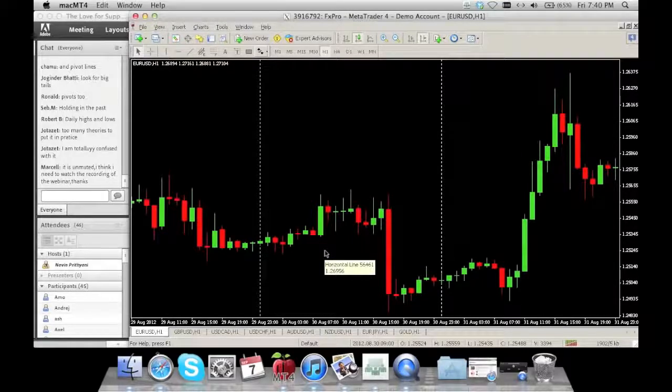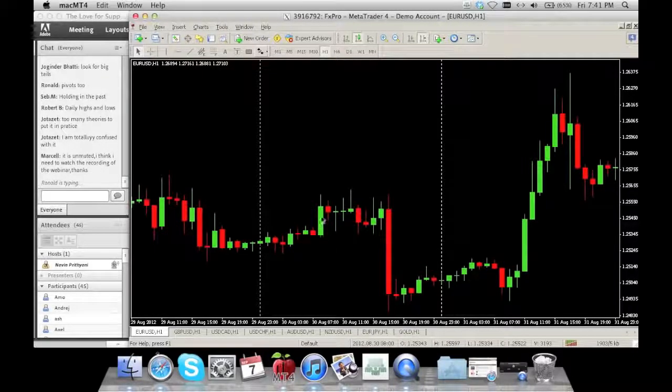Okay, one way is the method of the body versus the tail. What does that mean? Does everyone know what a body is on a candlestick and what is a tail?